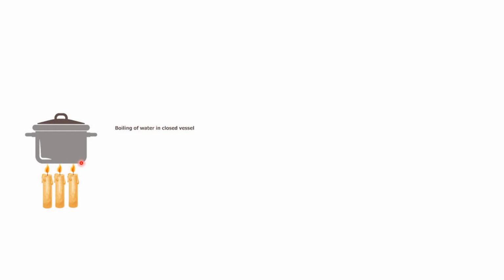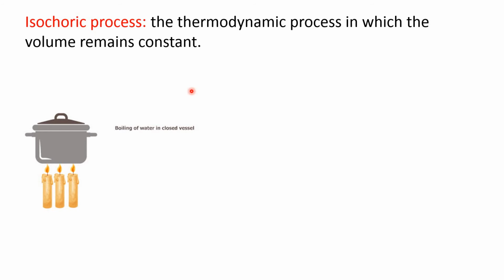This process is known as the isochoric process, the process where the volume remains constant throughout. There is no change in the volume, so delta V is equal to 0.